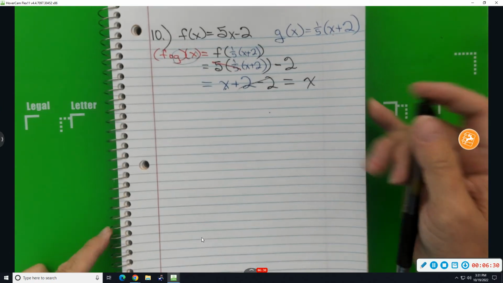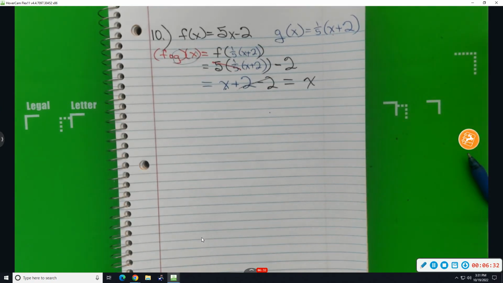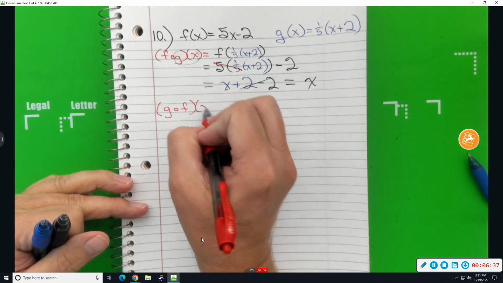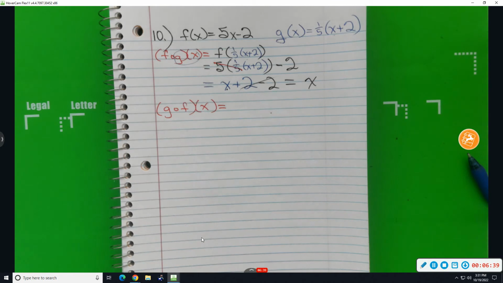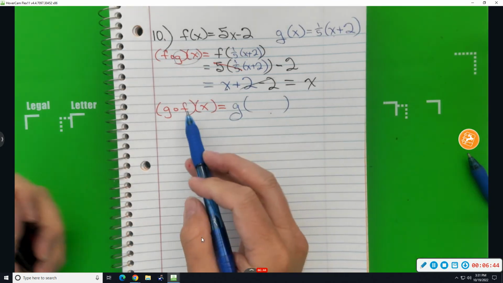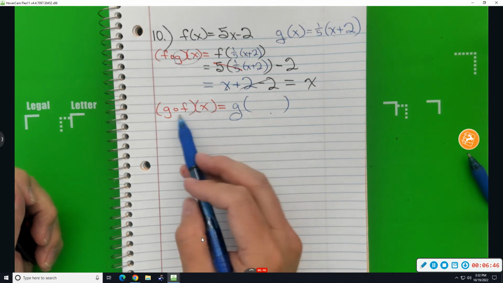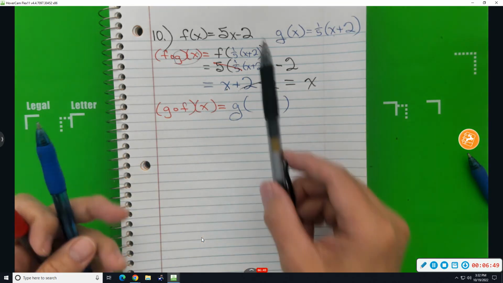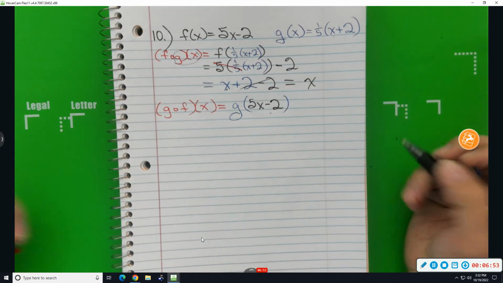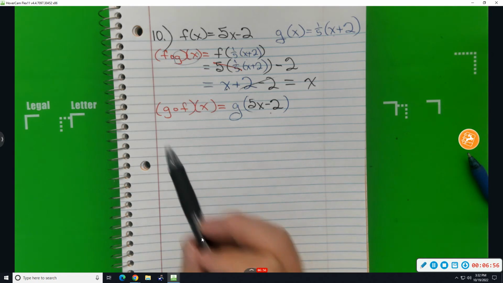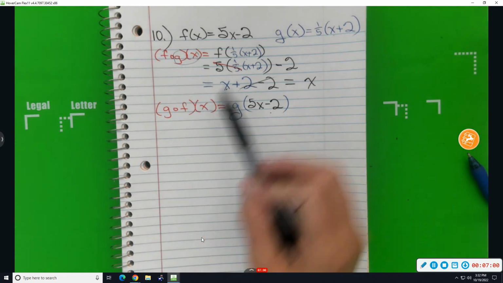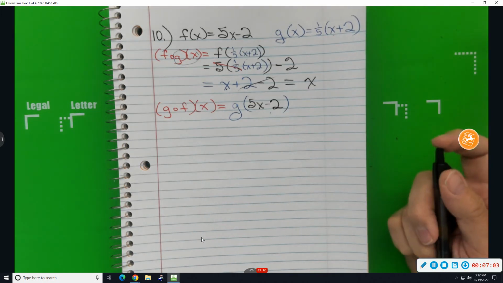Now, let's go in the opposite direction. G composed with f. That means g is on the outside, and on the inside we have f of x, which is 5x minus 2.